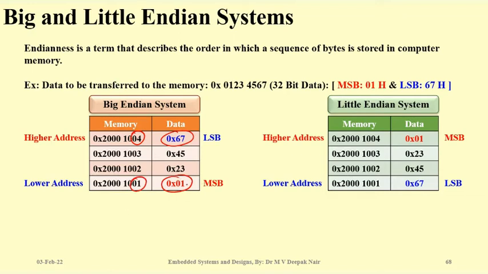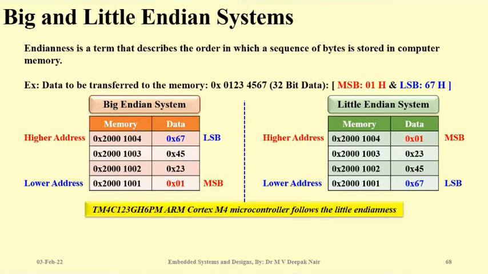In Big Endian, MSB was loaded to the lower address, LSB to the higher address, so it is kind of crossed. Whereas in Little Endian, the higher address gets the MSB, the lower address gets the LSB. So it is very important when you are writing any program, or any embedded system, or any computer related software, you must know which memory is getting which data. Otherwise, we will be making some mistakes.